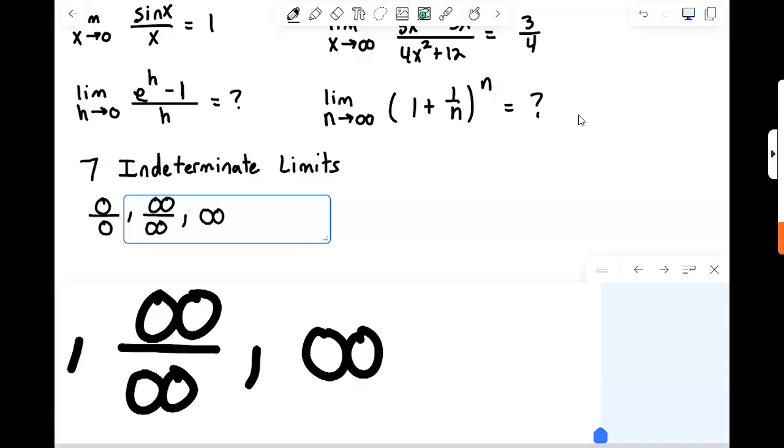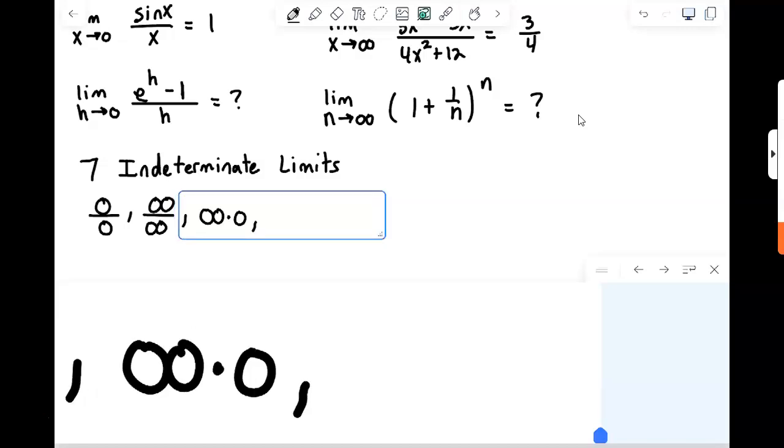Then we have infinity times 0. This is something that came up when you were dealing with definite integrals. We were doing Riemann sums. Essentially, we're subdividing everything to where it got down to 0, and we had an infinite amount of intervals. In a sense, doing infinity times 0, though not exactly.